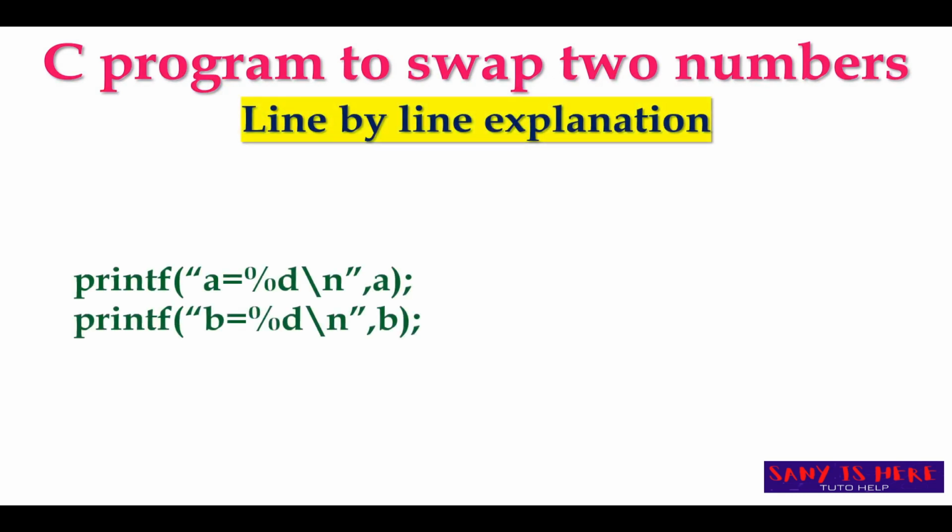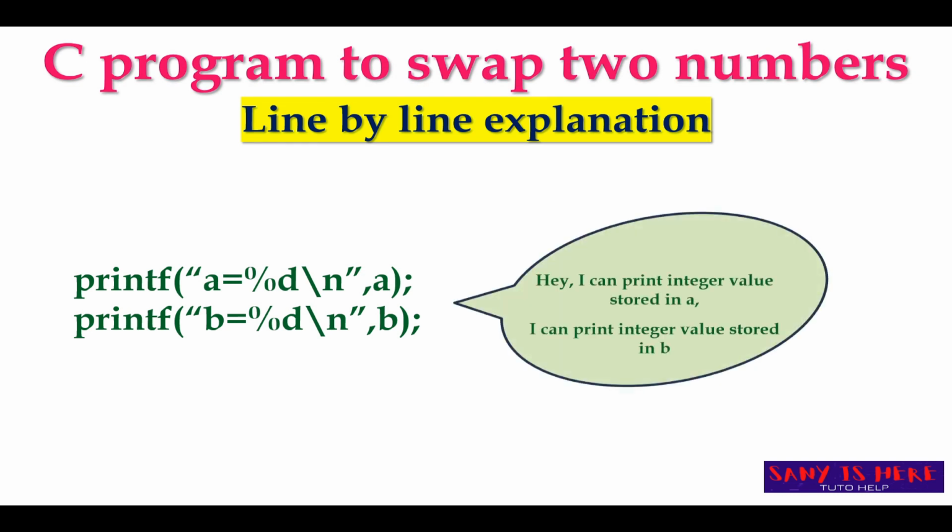And the next two lines are where we are printing the A and B values. Printf means printing the values on the screen. Hey, I can print the integer value stored in A. Even I can print the integer value stored in B. Got it? Thank you.